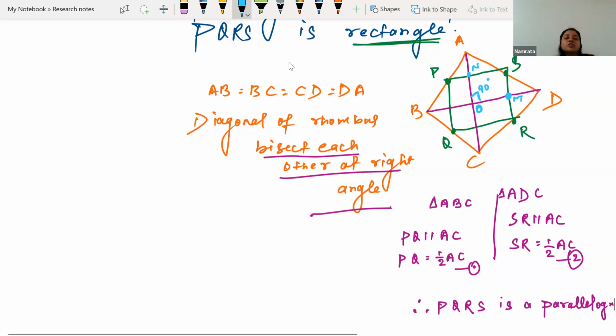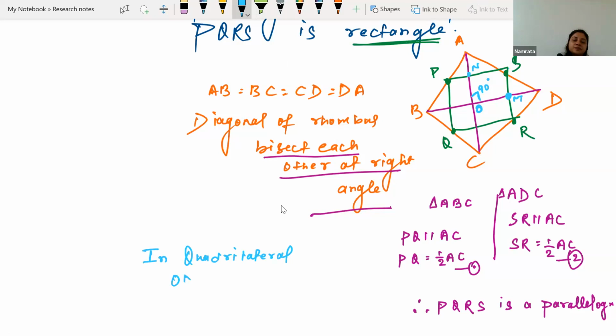Okay, so now we are going to focus on, now we are saying that in quadrilateral OMSN, we know that one of the angles is 90 degree. How we know that?